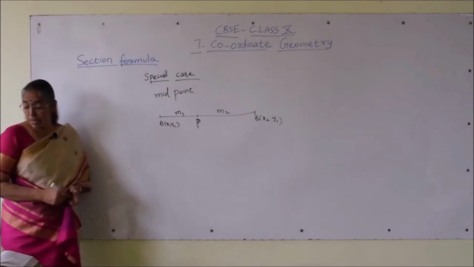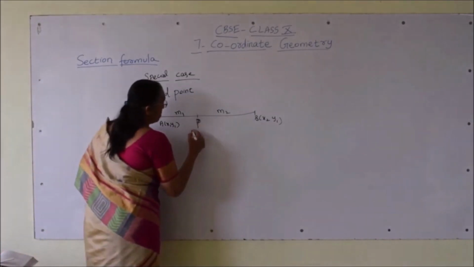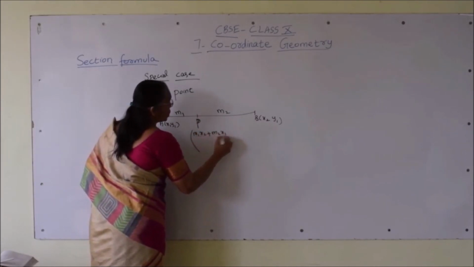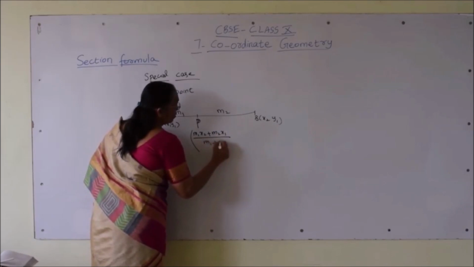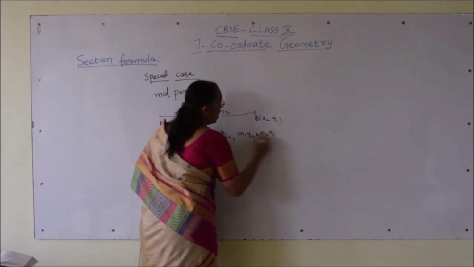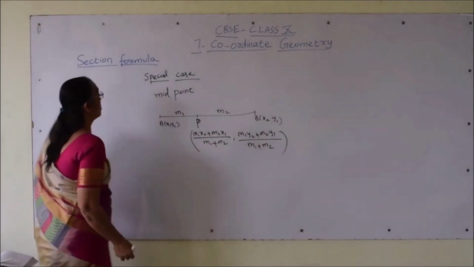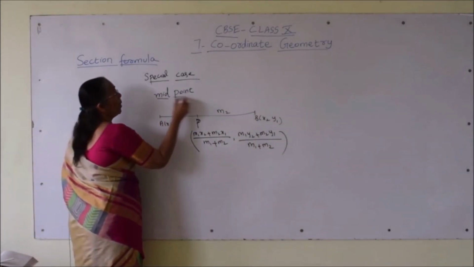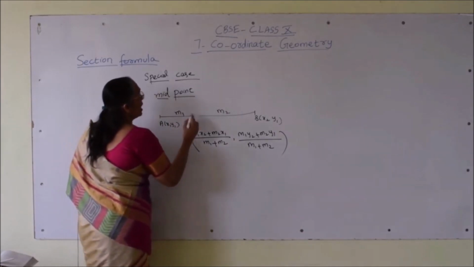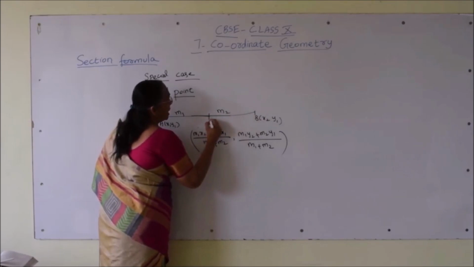Then the point P (x, y) is given by ((m1 x2 plus m2 x1) by (m1 plus m2), (m1 y2 plus m2 y1) divided by (m1 plus m2)). Now, what is the special case we will see. From the word midpoint itself, we can understand that the point P is becoming a mid value. It is exactly the midpoint between A and B.